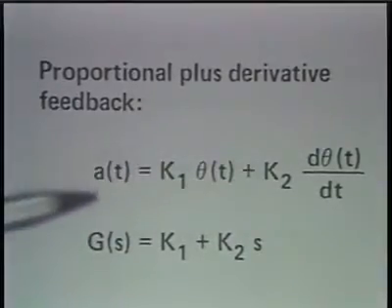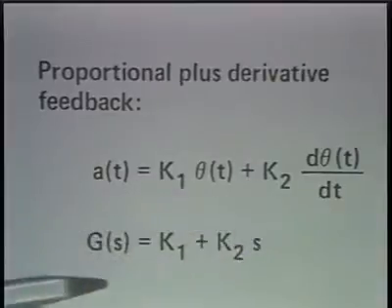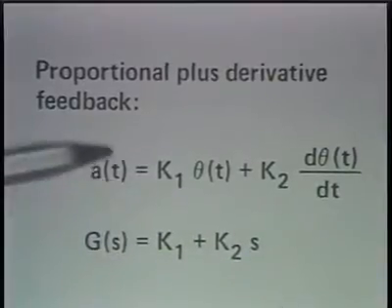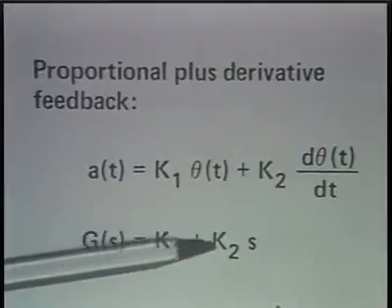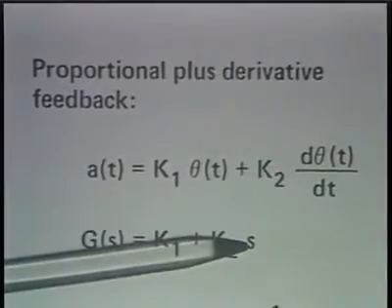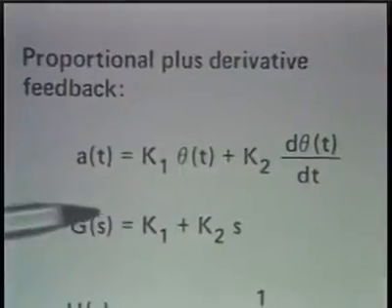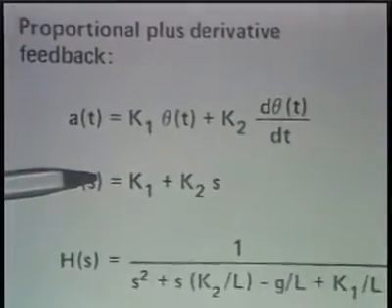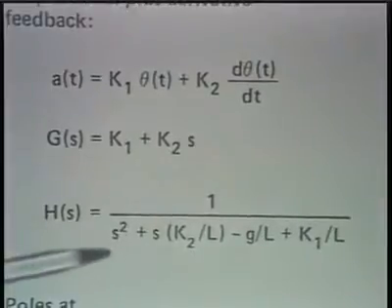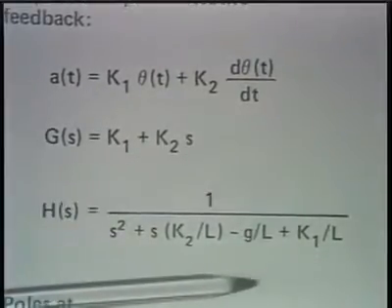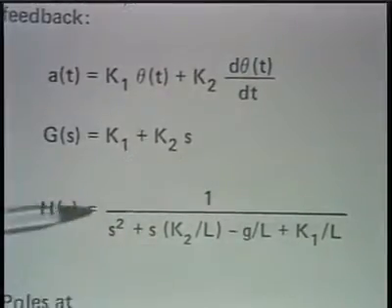And so the basic system function with proportional plus derivative feedback is a system function which is k1 plus k2 times s. We then have an overall closed loop system function, theta of s, which is given by this equation.